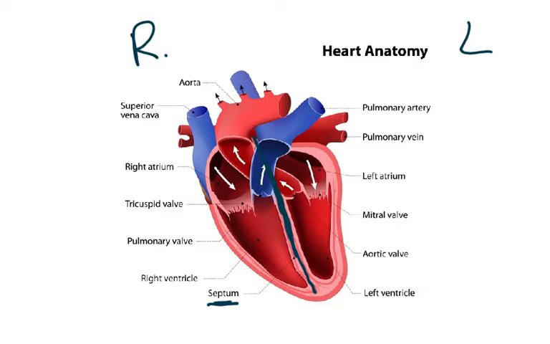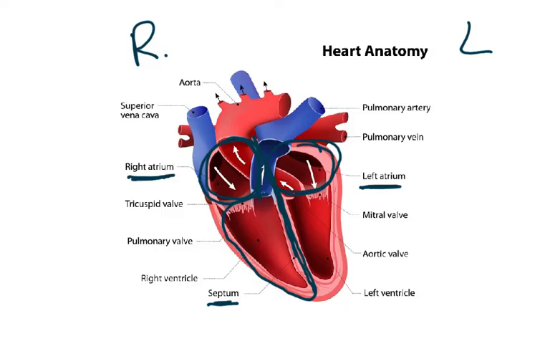And then the heart is divided into four chambers. There is the right atrium and the left atrium.